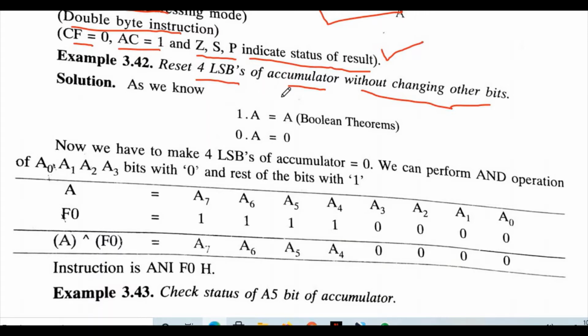We know that 1 dot A is A as per Boolean algebra, and 0 dot A is 0. In this example, we have to make the 4 LSBs of the accumulator 0 and keep the 4 MSBs as they are.